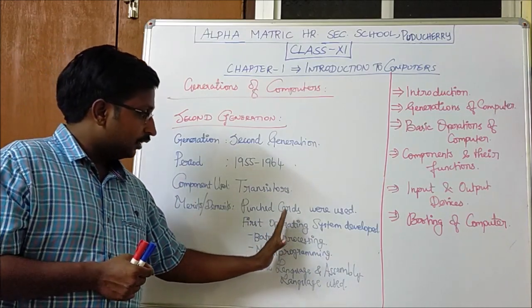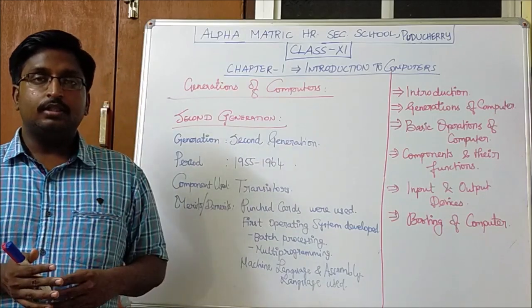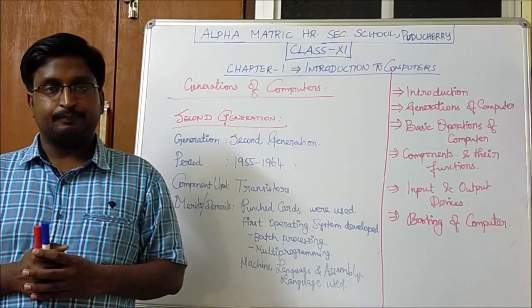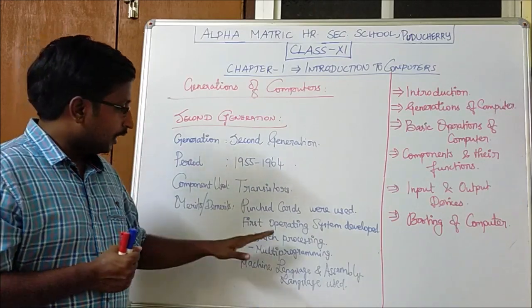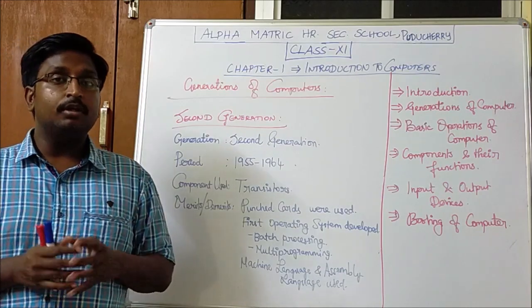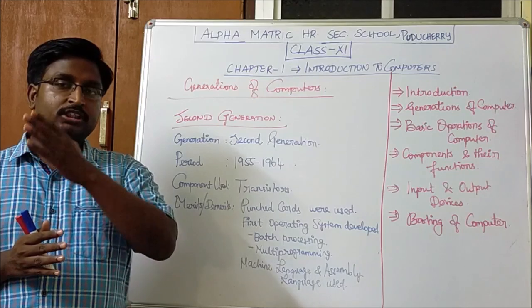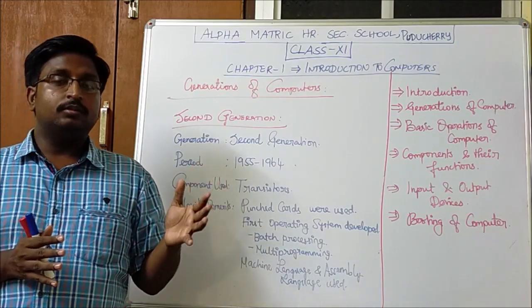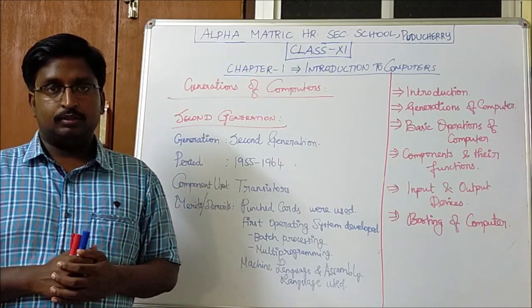Processing is something you are going to process, some work you are going to do. And how? Based on batch. A batch is a group. Rather than processing the entire information at once, they split the information into various groups.